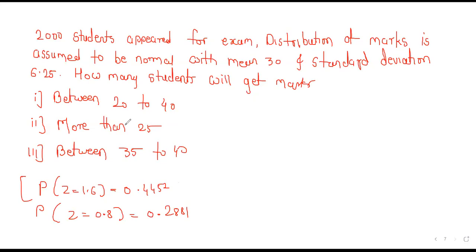Now first we calculate the number of students who got marks between 20 to 40. A similar example we have solved before. We consider x1 equal to 20 and x2 equal to 40.